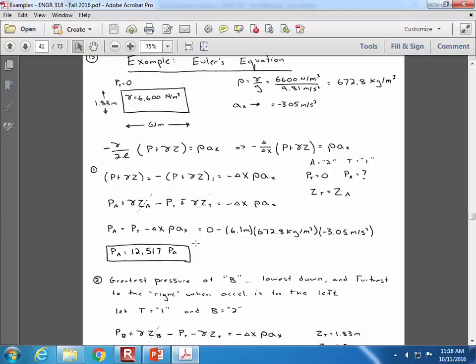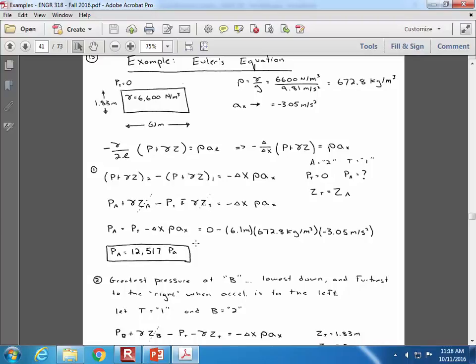Now here in part 2 of the example, we're going to consider where the pressure is the greatest. We already know that the pressure is increasing as you go in the rightward direction, and so the farthest right we can get is along that wall AB.